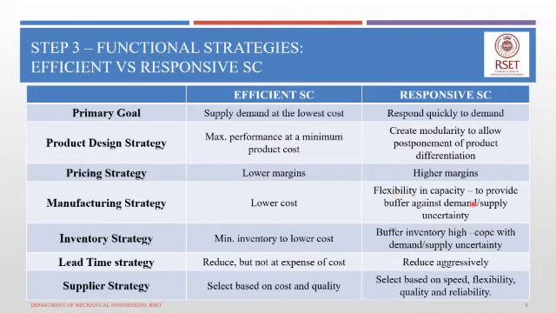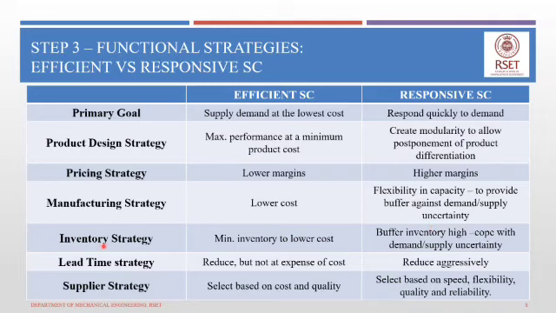So to buffer against this uncertainty, there should be flexibility in capacity. They have to maintain larger amounts of inventory to tackle supply uncertainty, and they should also make the plant more flexible so that they can provide a buffer against uncertainty in demand.